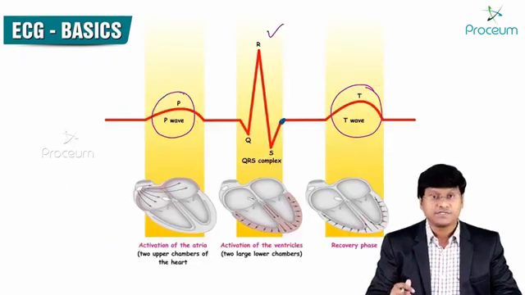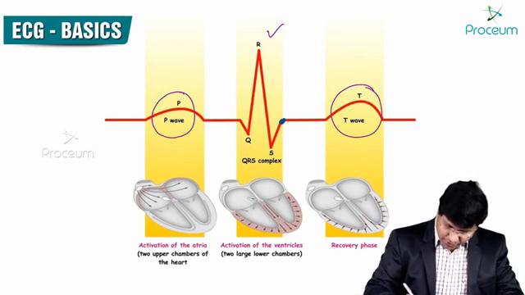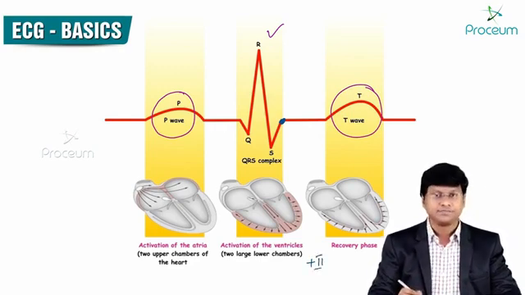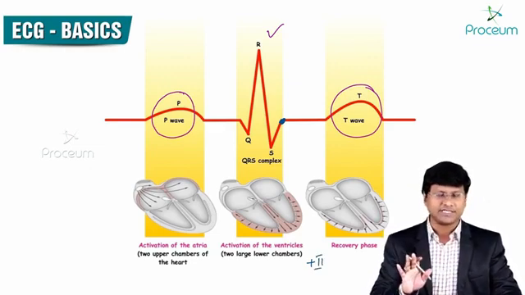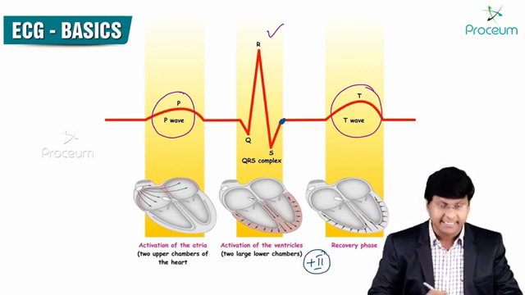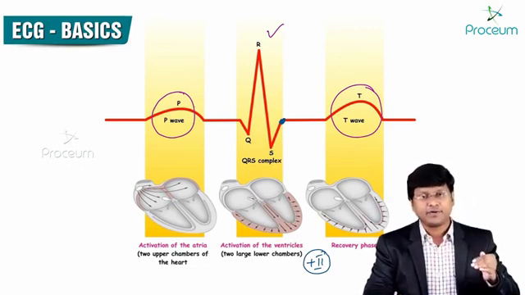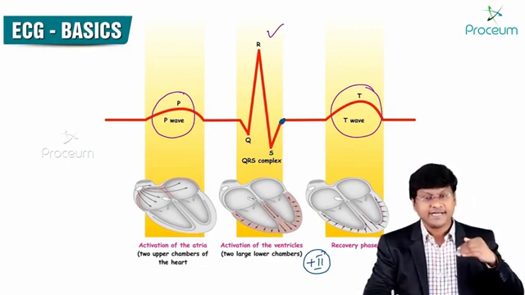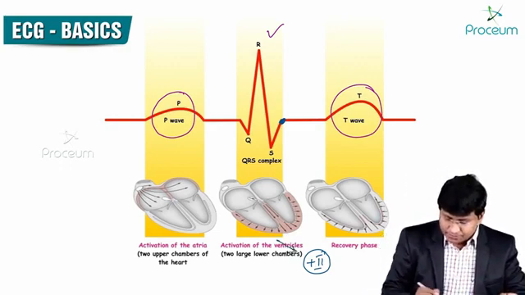Okay, if you see this slide over here, you can make out, you place the lead here. So which lead will be there at the apex? Your lead 2. I'll explain the leads in detail, but for now just remember you will have lead 2 at the apex of the heart. And the direction of depolarization, or your axis of the heart, is towards your lead 2.